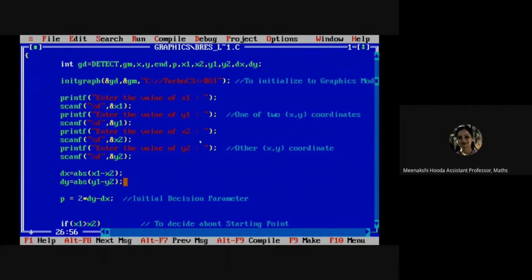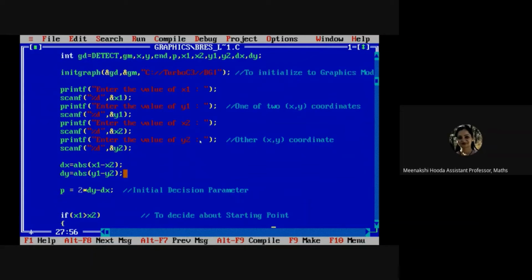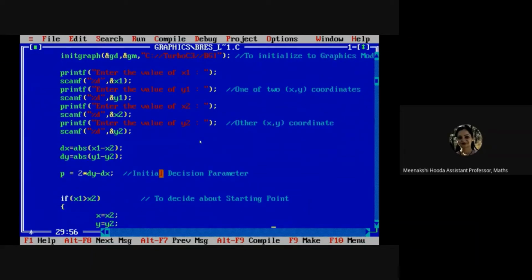Then we need to calculate delta x and delta y. We are using the variables dx and dy. So dx is the absolute of x1 minus x2, the change in the x direction, and dy is the change in the y direction.